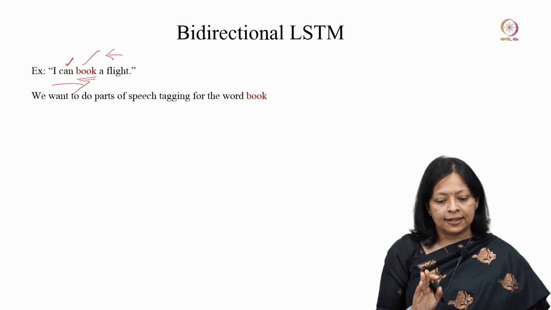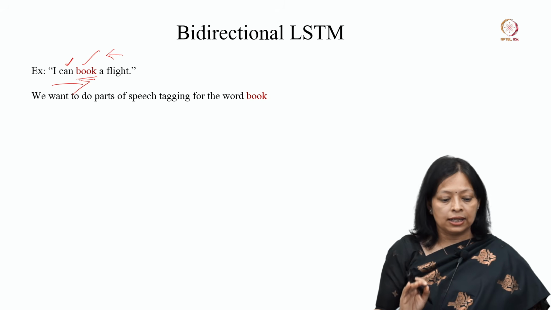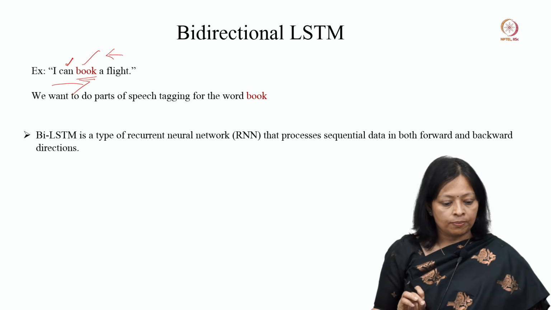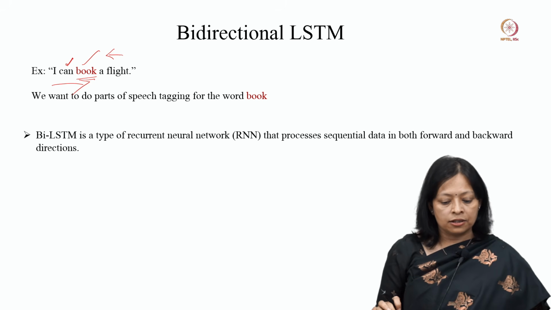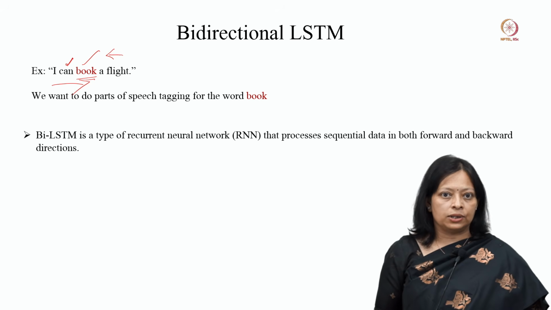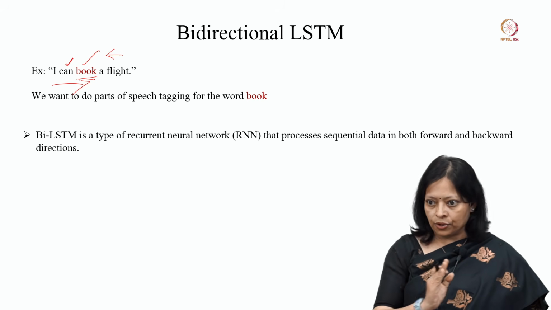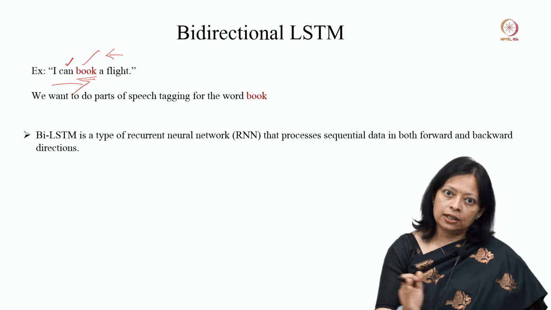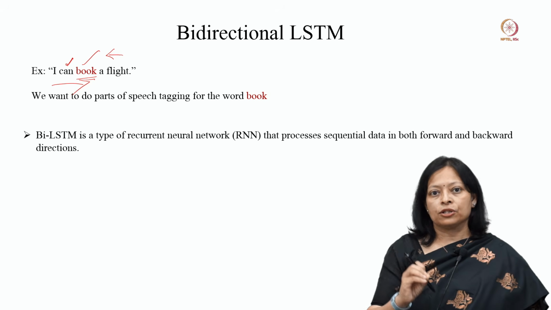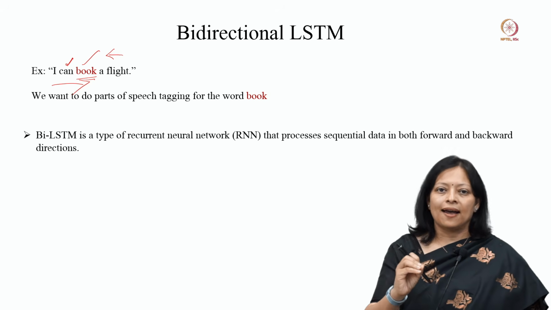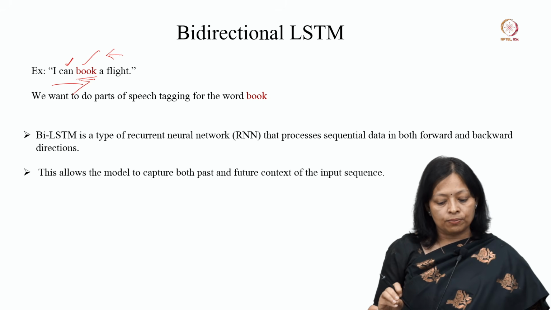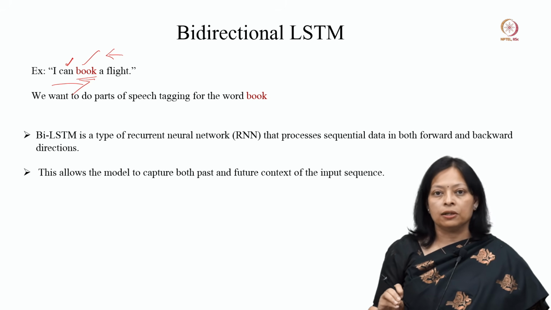And that is exactly what is done in bidirectional LSTM. Bidirectional LSTM, or bi-LSTM, is a type of recurrent neural network that processes sequential data in both forward and backward directions. It will process it once in the forward direction, again in the reverse direction, and then combine the results of both directions and give the output. This allows the model to capture both past and future context of the input sequence.